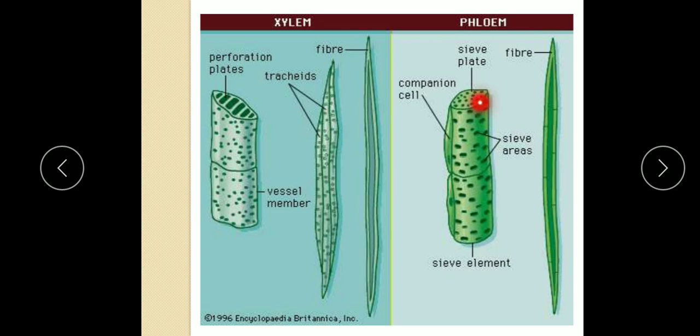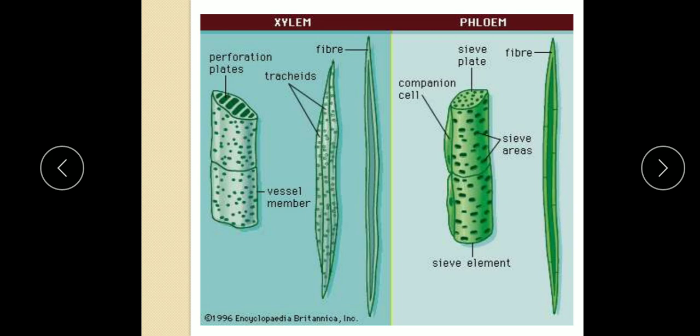You can see the minute pores here, and these minute pores at the end of the sieve tube are known as the sieve plate. And you see the companion cells, which help the sieve tube to transport the food. This is phloem fiber. So, understood, children, xylem and phloem, their structure and their functions.